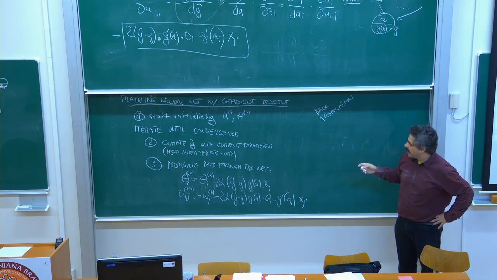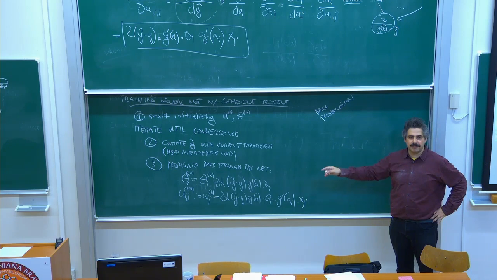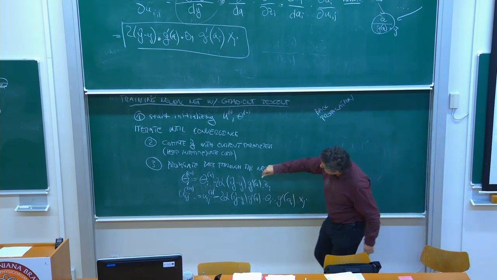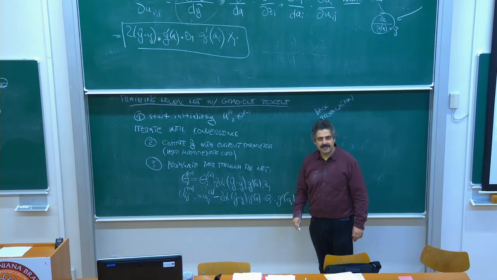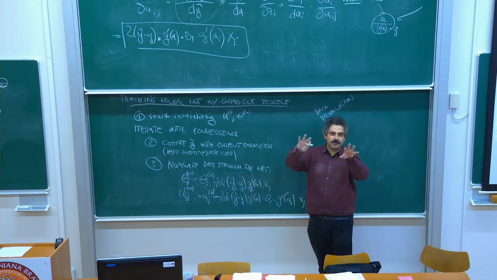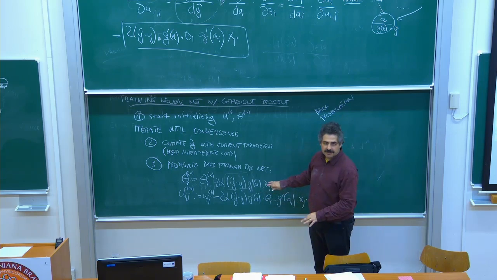Anyway, you can also make up stories. Like this is the error, and it's somehow distributed through the network based on the current sizes of the parameters.